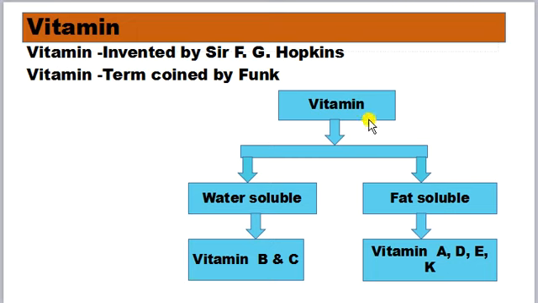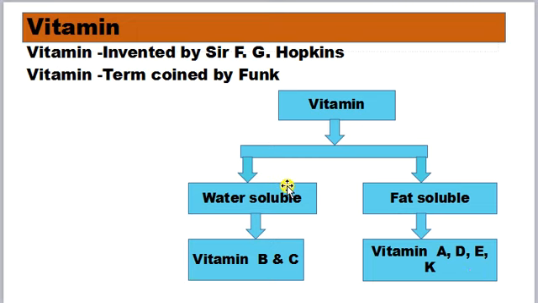They are classified in two categories: water soluble vitamins and fat soluble vitamins. Water soluble vitamins are vitamin B and C, and fat soluble vitamins are vitamins A, D, E, K. First we will talk about the water soluble vitamins.